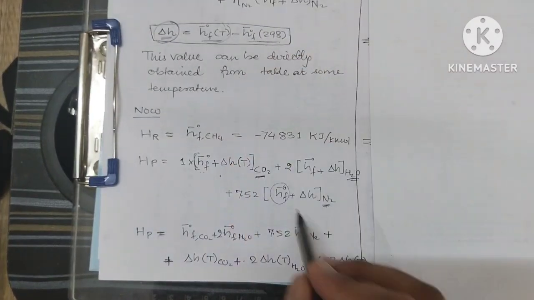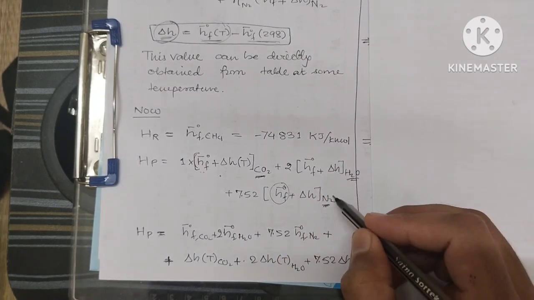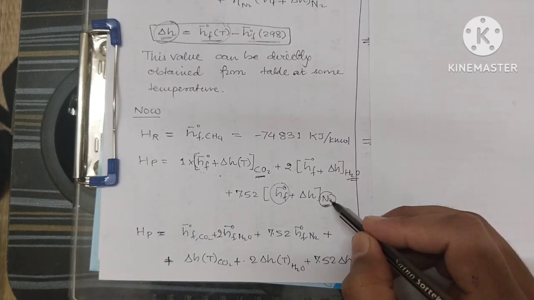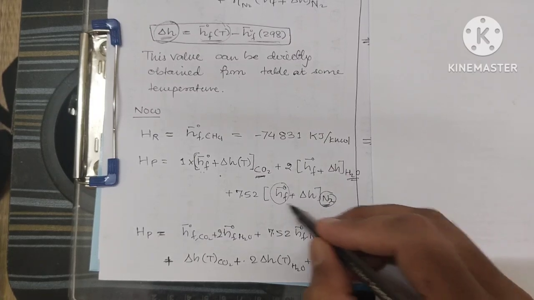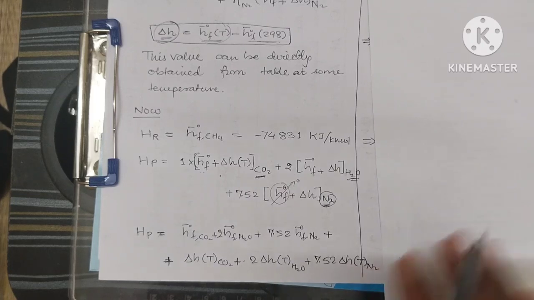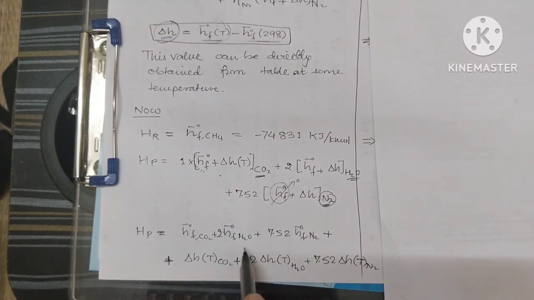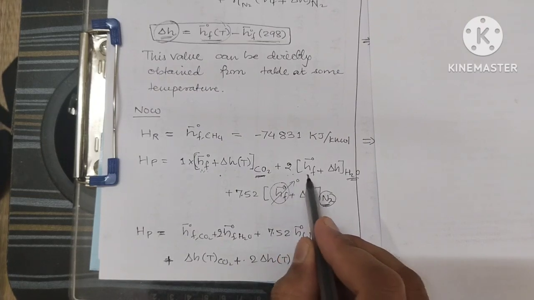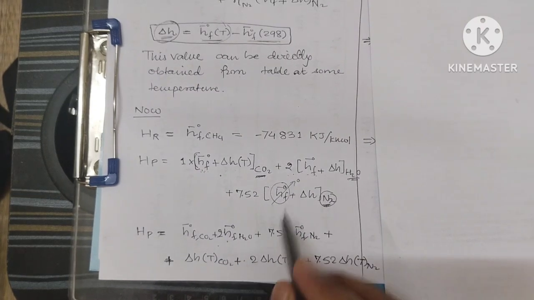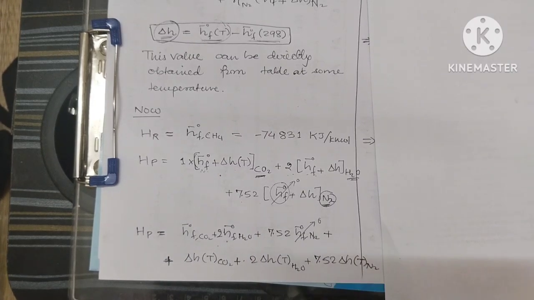This is always at standard conditions. So for naturally occurring nitrogen, it should be 0. So the terms remaining are enthalpy of formation of CO2 plus 2 into enthalpy of formation of H2O, and the N2 term vanishes because it is 0.